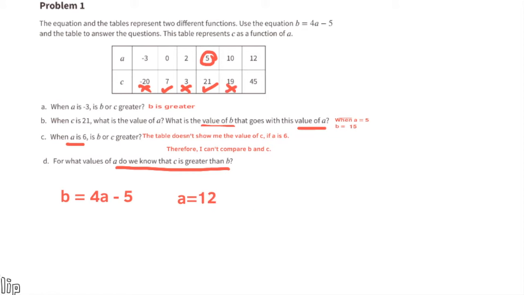Let's substitute 12 for a. 4 times 12 is 48. 48 minus 5 is 43. When a is 12, b is 43, and c is 45. And 45 is greater than 43, so c is greater than b when a equals 12. 0, 5, and 12 are the values of a where c is greater than b.